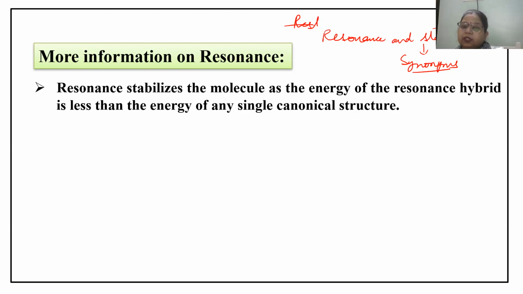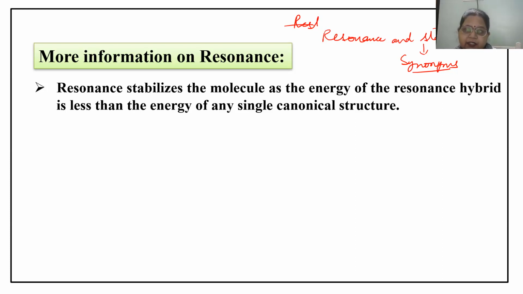Because of resonance, a molecule becomes stable because the energy of the resonance hybrid is less than the energy of any of the canonical structures. Let me explain this point to you. Let us take an example from day-to-day life.